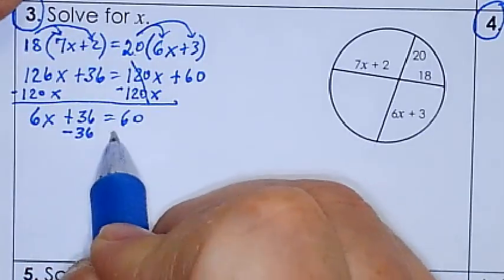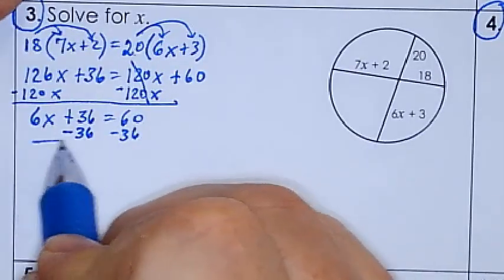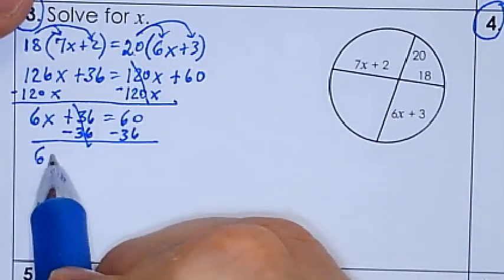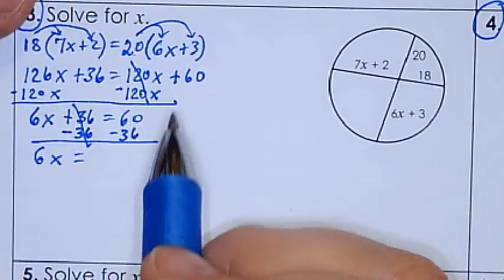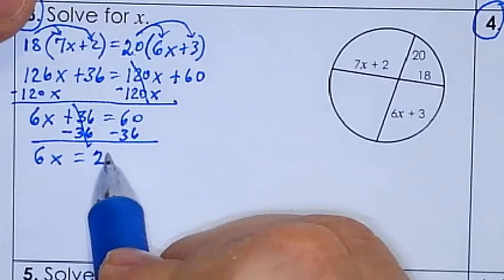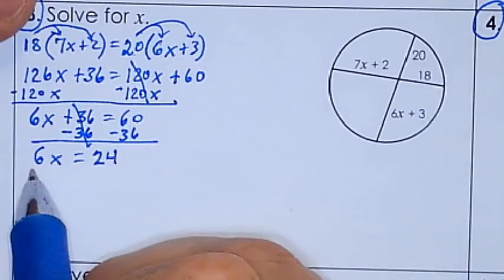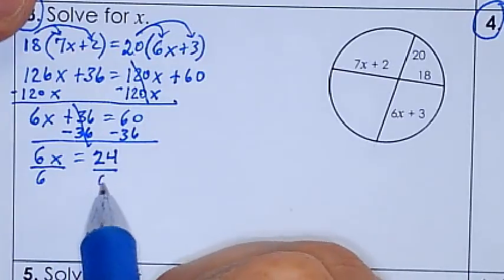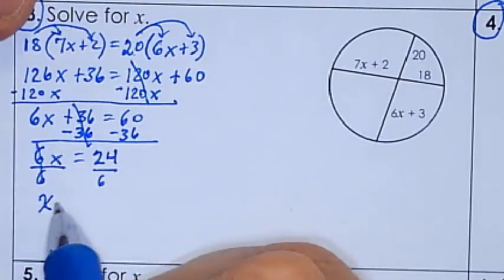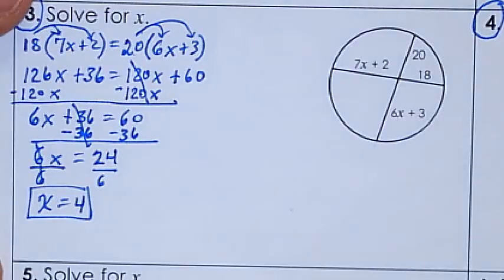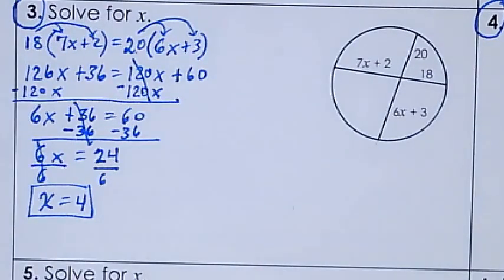Then that gives us 6x equals, what's that going to be, 24? And so what does x equal? That's done because all they're asking for is x. Okay. Now work on that last one, please.